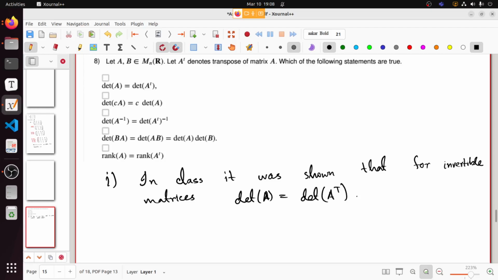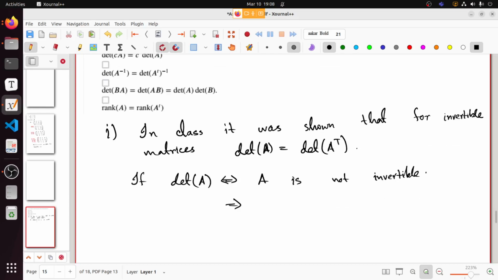And now if A is not invertible, meaning det A is 0. Det A is 0 if and only if A is not invertible. Now A transpose will also not be invertible, right? You can check that A transpose basically maps, if A is a map from V to W, it will map from W to V, right?